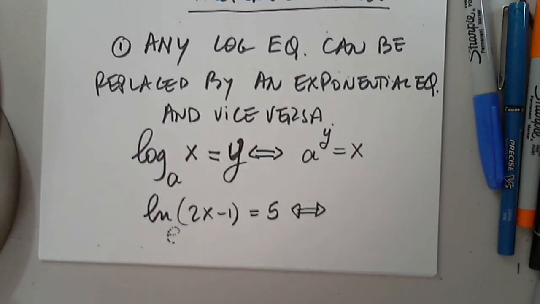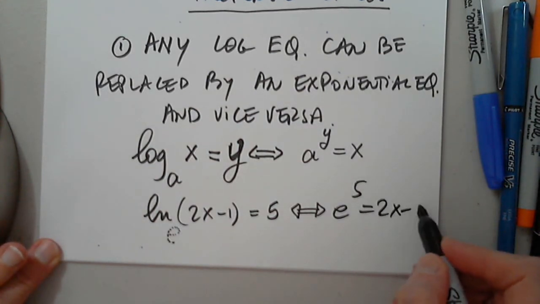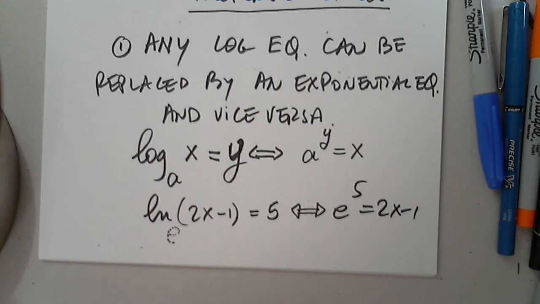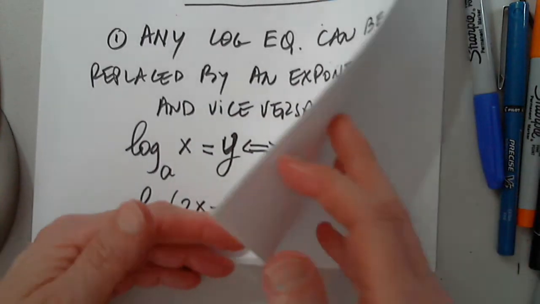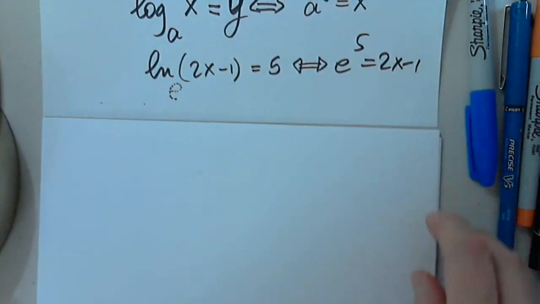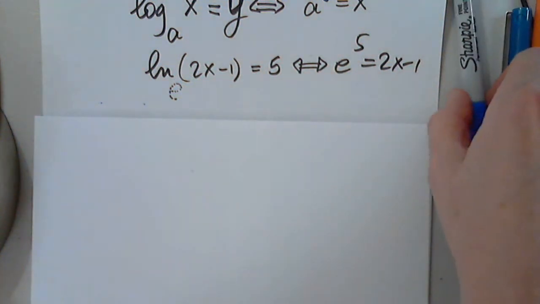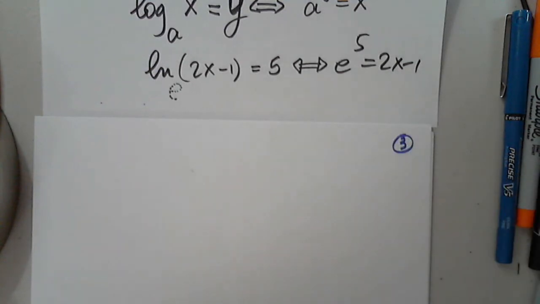Would it be e to the 5 equals 2x minus 1? That's it. E to the 5th equals 2x minus 1. And from here we can solve. Let's review other properties and we'll come back to examples. Thank you. Any questions, anyone? Stop me anytime, please.